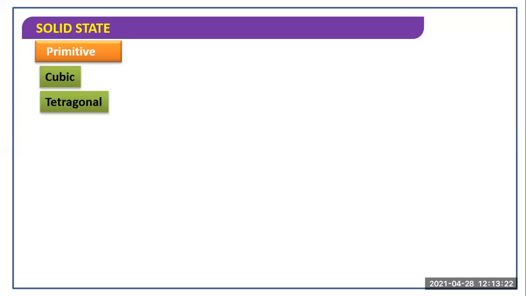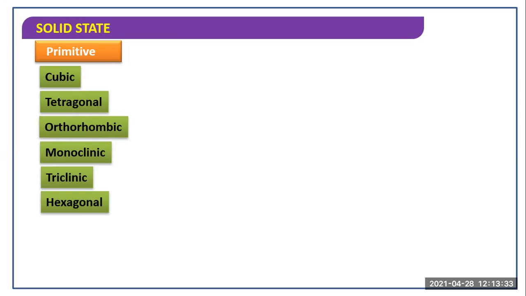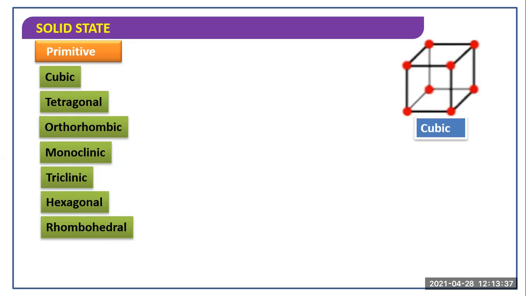So primitive unit cell are different types like cubic, tetragonal, orthorhombic, monoclinic, triclinic, hexagonal and rhombohedral. Okay, so cubic unit cell, it is also primitive.